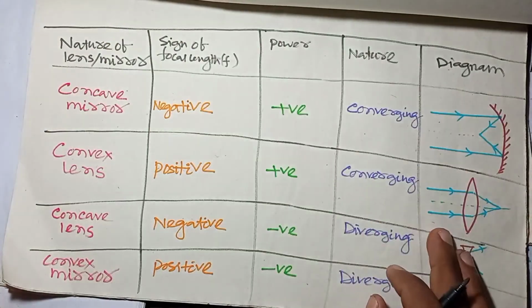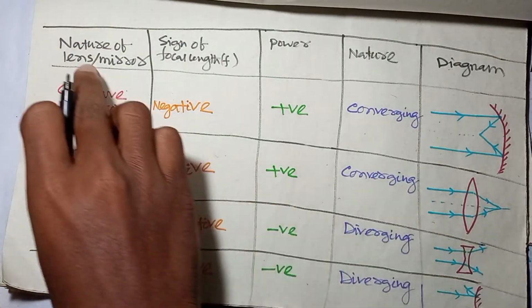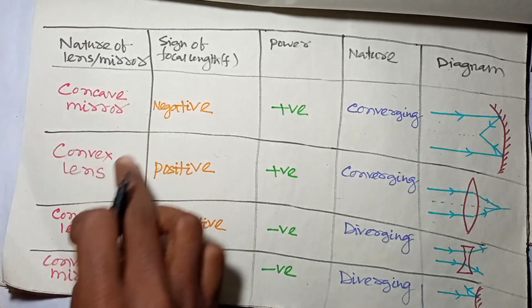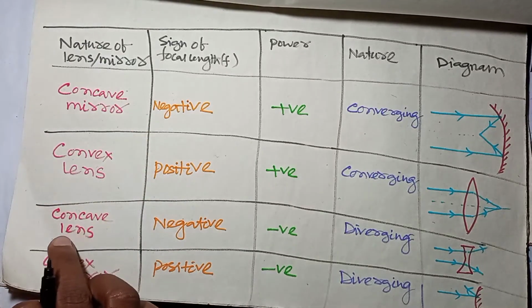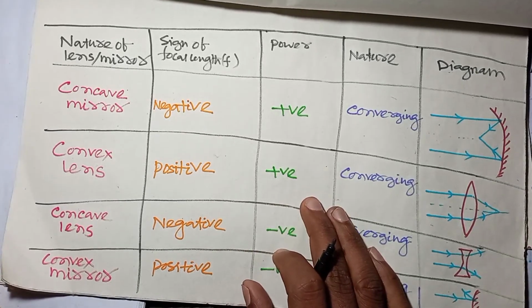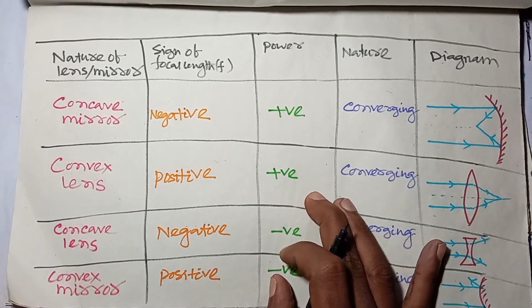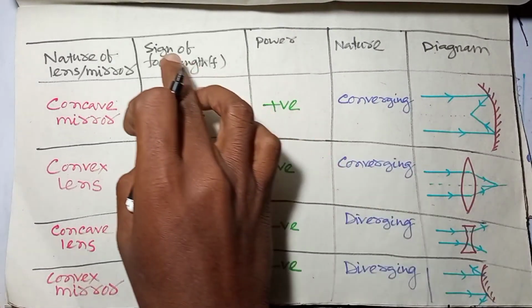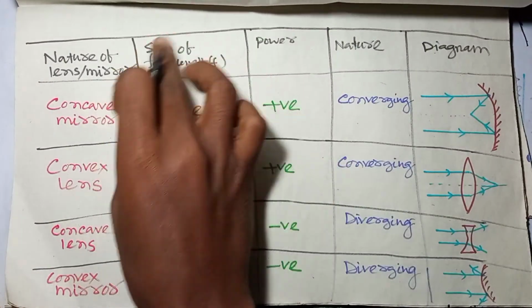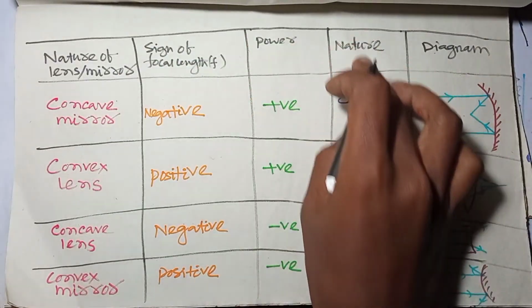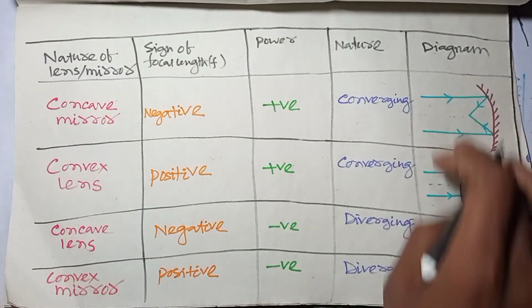Here is a table with some optical devices like concave mirror, convex lens, concave lens, and convex mirror. Here are the sign of focal length, the sign of power, the nature of the devices, and the ray diagram.